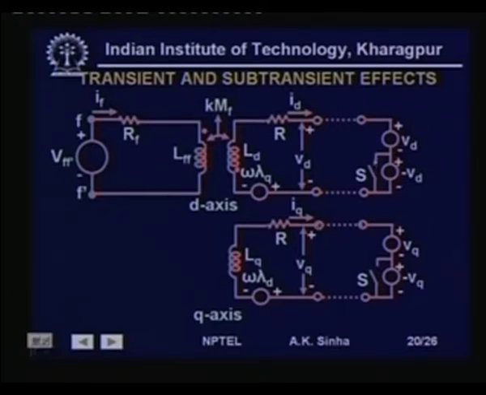Now, when this switch is open, then we have only this Vd connected here, which shows the normal operating condition. When we close this switch, then we create a short circuit. Sorry, when we close this switch, then we have only this Vd acting, which is the same as the normal operating condition.